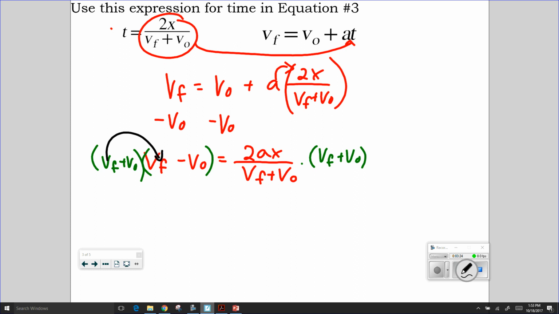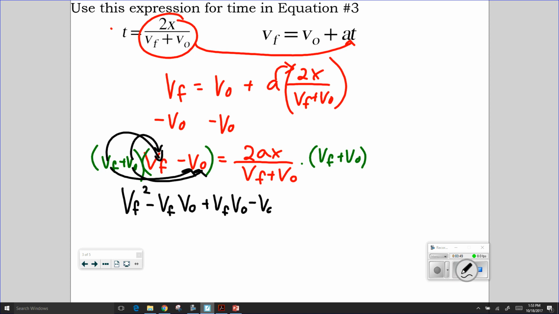Vf times vf is going to be vf squared. I'm going to multiply the outside variables together, the O in FOIL, so I'll have negative vf v0. I'm going to multiply the inside variables together, positive vf v0. And then I'm going to do the last, the L in FOIL, v0 times negative v0 is negative v0 squared. And that is all going to be equal to 2ax.